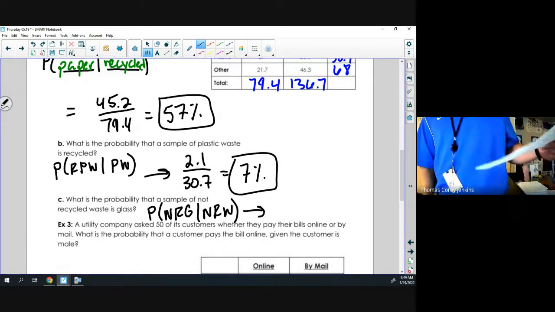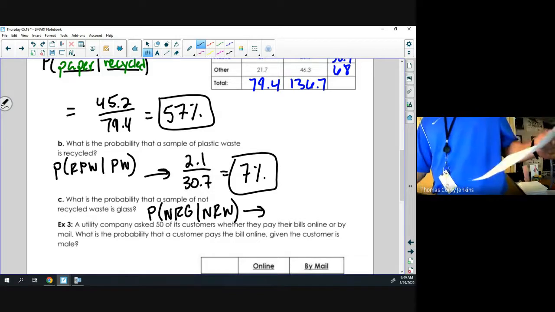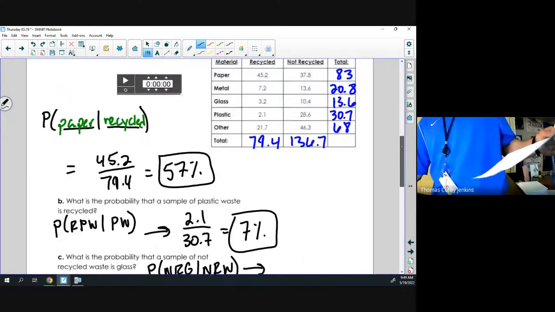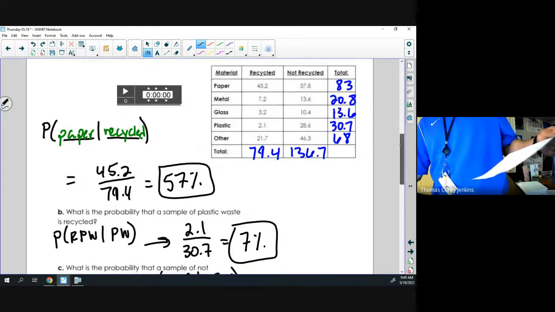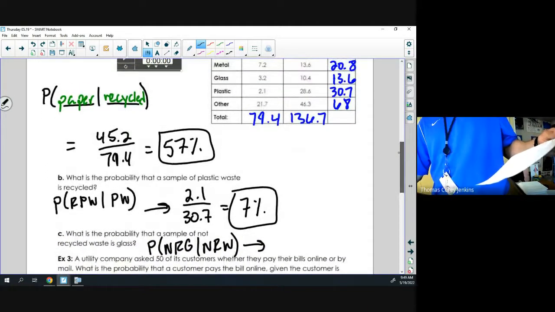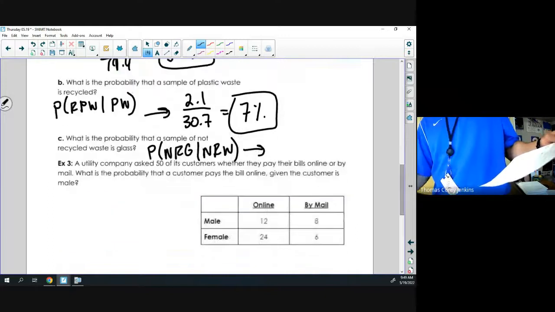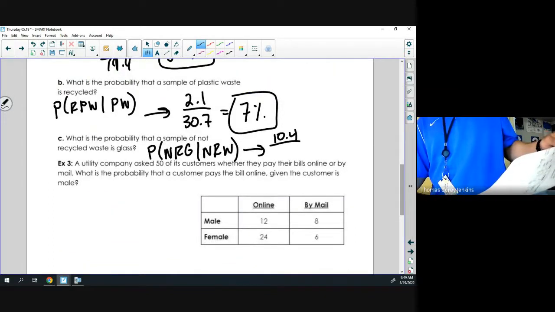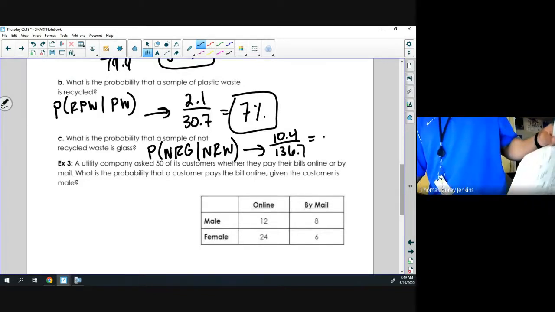Those numbers are not recycled glass is 10.4, and then total would be 136.7. So 10.4 out of 136.7, and that's about 8%.